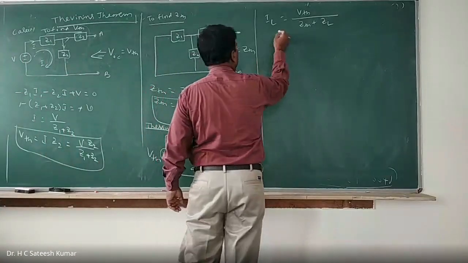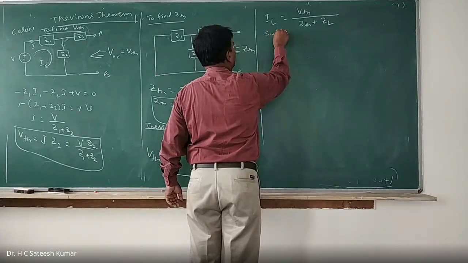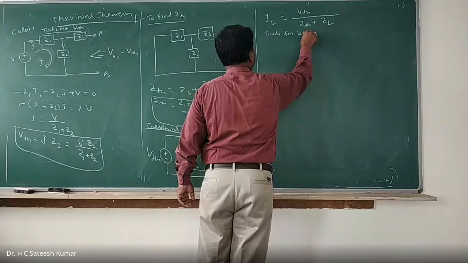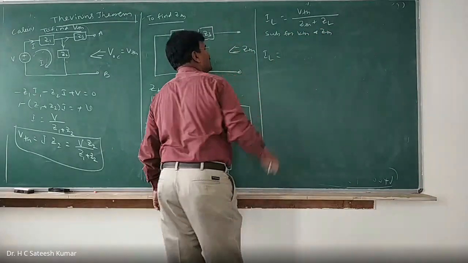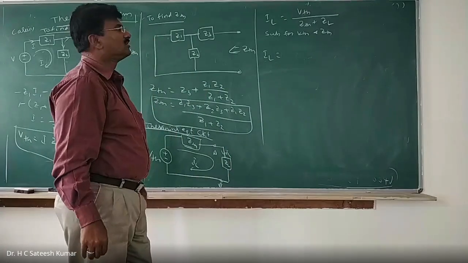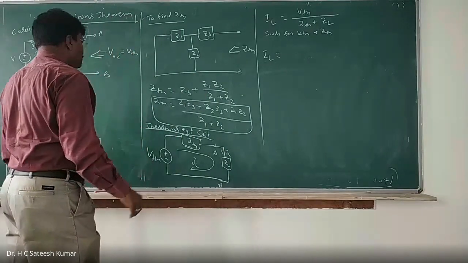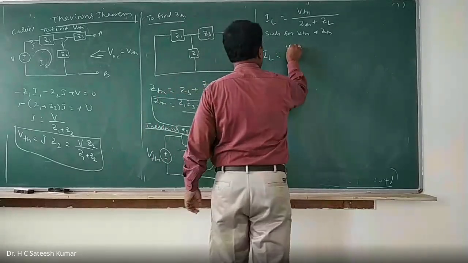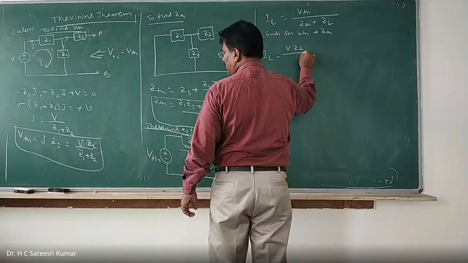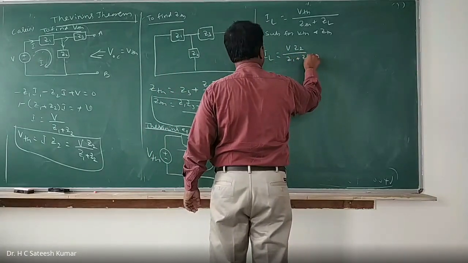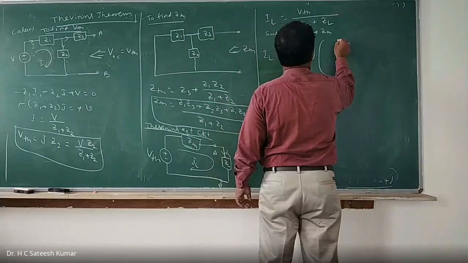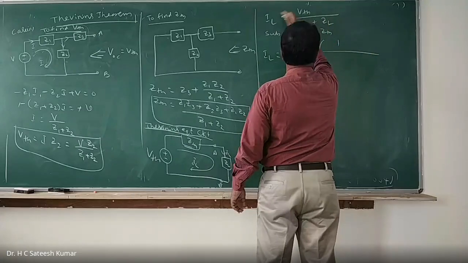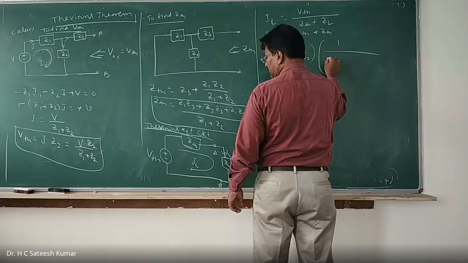You should substitute for VTH and ZTH. And IL is equal to VTH. VTH is what? V into Z2 divided by Z1 plus Z2. That is your VTH. Into 1 divided by, this is your VTH you have taken. ZTH is what?